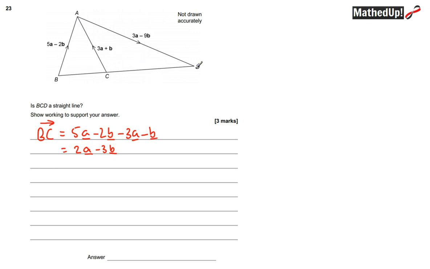Okay, and then we're going to work out what BD is. So BD, again, we're going to start with 5a take away 2b. And this time we're going down this path, and we're going in the actual direction of this path, so it's just going to be plus 3a take away 9b.